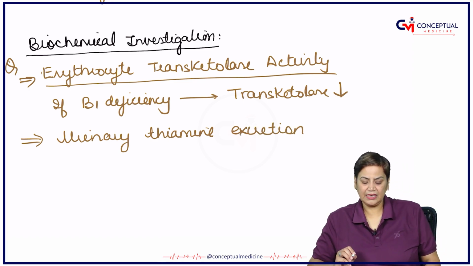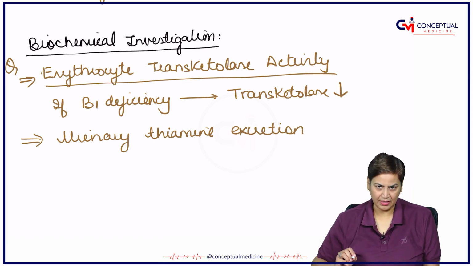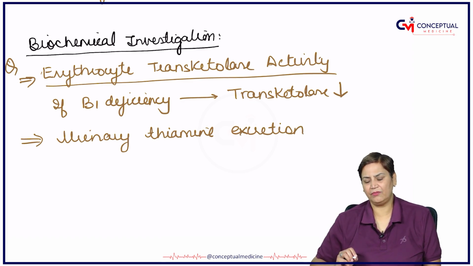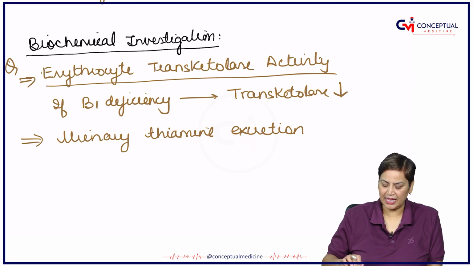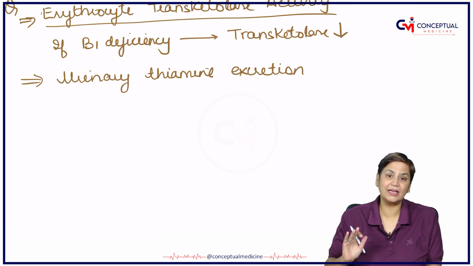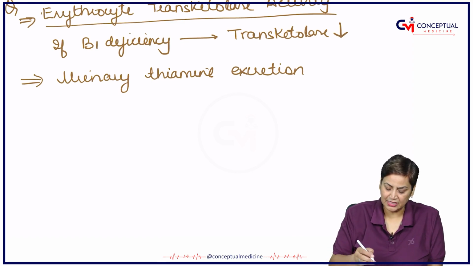Okay, so this is our vitamin B1, and the most important feature of this is it helps in oxidative decarboxylation. And always remember, most of the students get confused between these terminologies. So there are two terms actually.